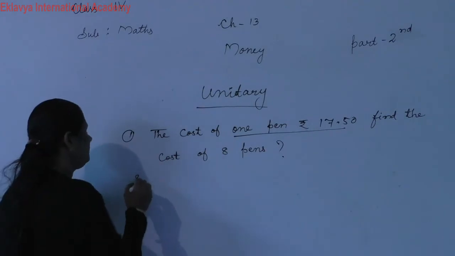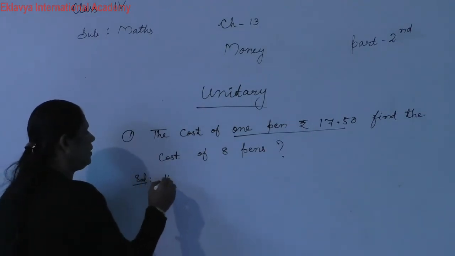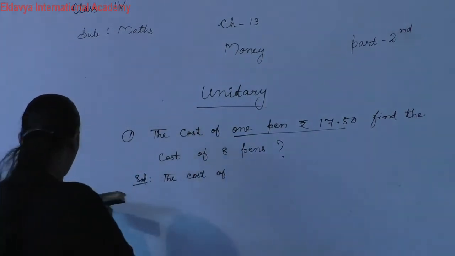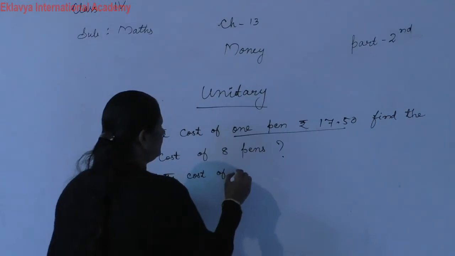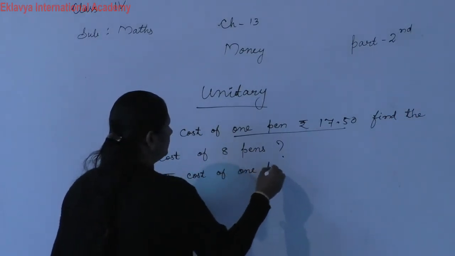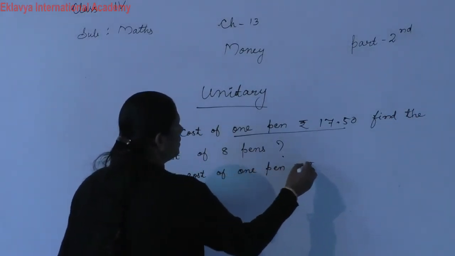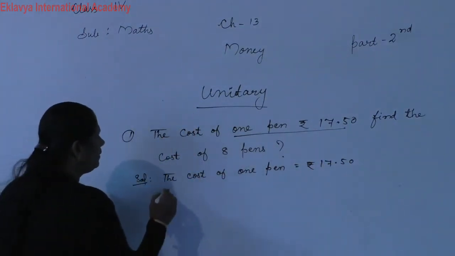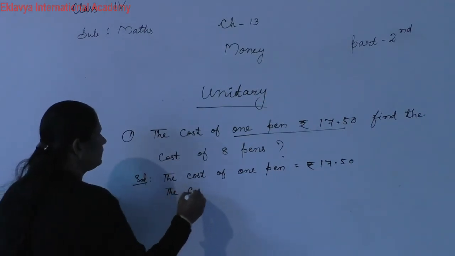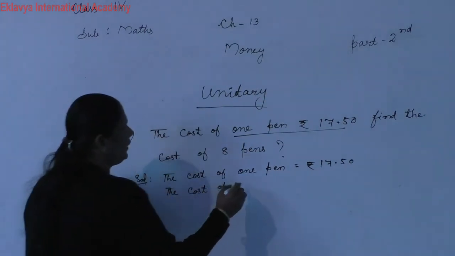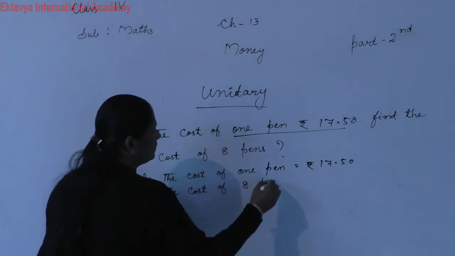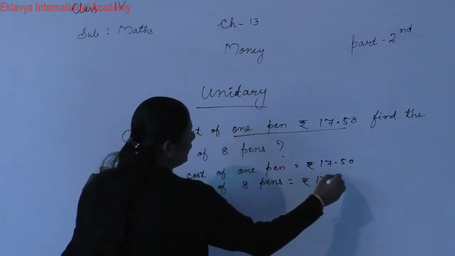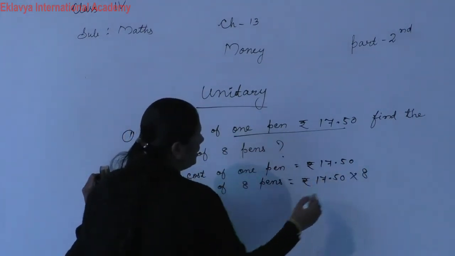Then the solution. First we write: the cost of 1 pen is rupees 17.50. Second line: the cost of 8 pens is rupees 17.50 multiply 8.